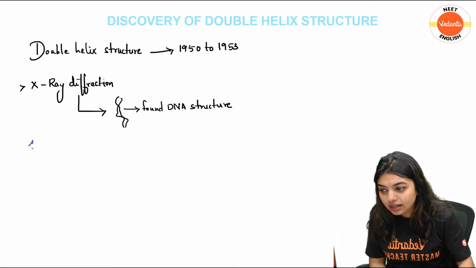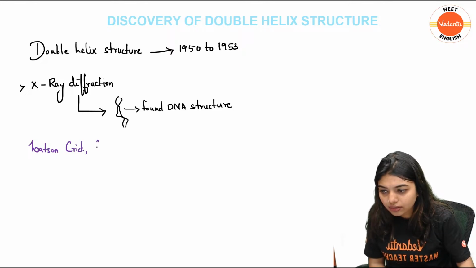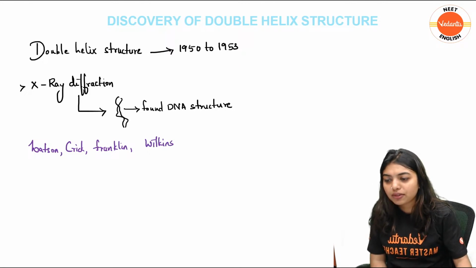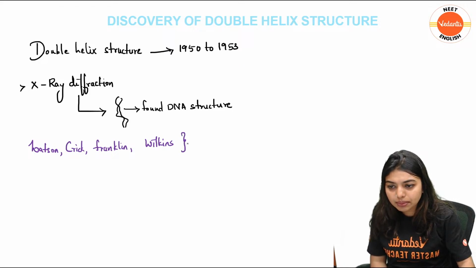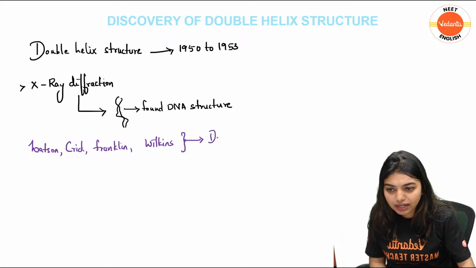So who all was there? Watson, Crick, Franklin, Wilkins: 4 people. I'm writing Franklin also. All these people were the reason for finding the double helical structure.